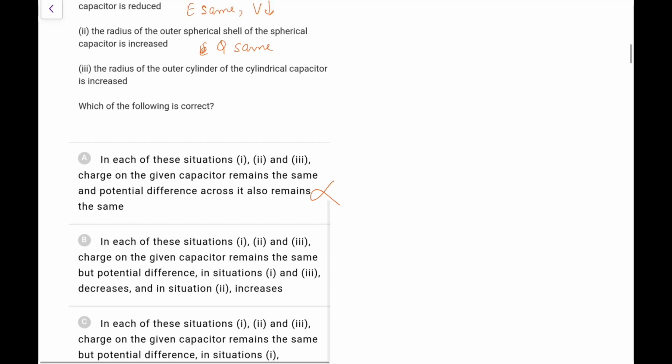For the sphere, we know the formula is 4 pi epsilon naught AB upon B minus A. So we can write it as 4 pi epsilon naught, if I divide by B from both sides. The outer shell is increased, so whatever B increases, this term decreases.